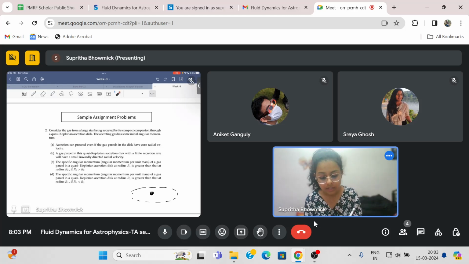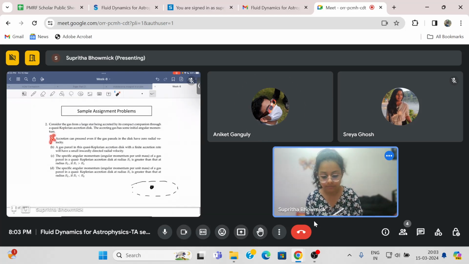The accreting gas has some non-zero angular momentum. Accretion can proceed even if the gas particles in the disk have zero radial velocity. No. Absolutely not. That's one of the reasons why we say quasi-Keplerian. We require a non-zero radial component, otherwise there's no accretion.